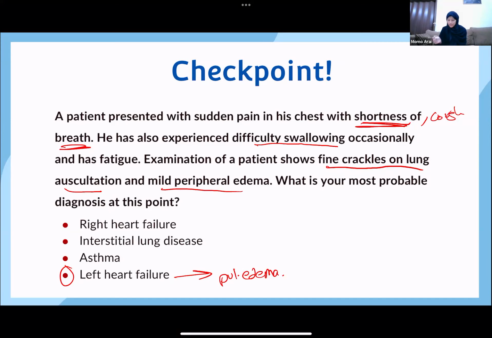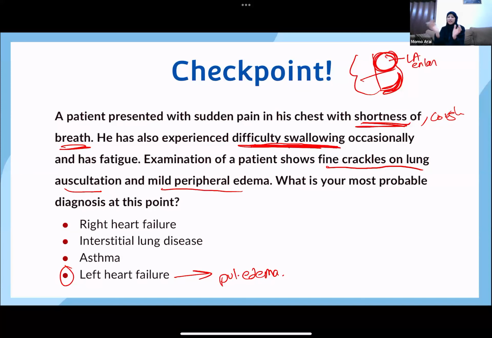Another symptom of left heart failure is difficulty swallowing. Why? Because remember, left heart failure means the left ventricle is not working, which means left atrial enlargement, right? It enlarges and compresses on the esophagus, which is behind your heart. It compresses on that, and the person has difficulty swallowing.